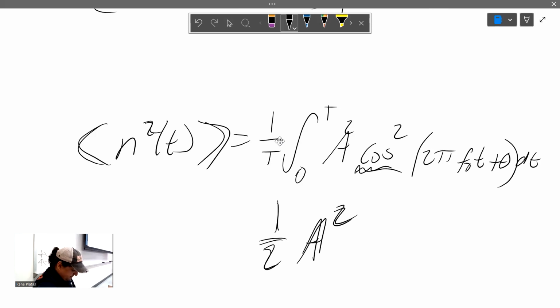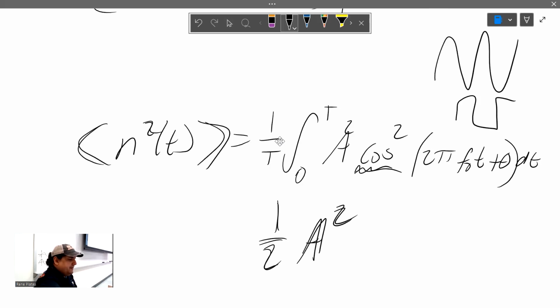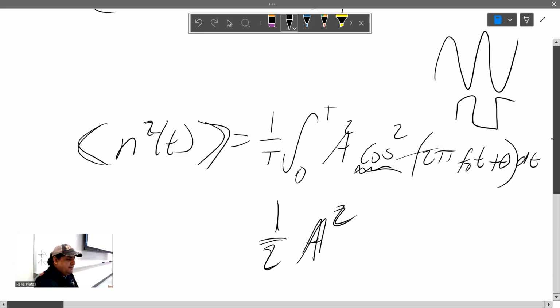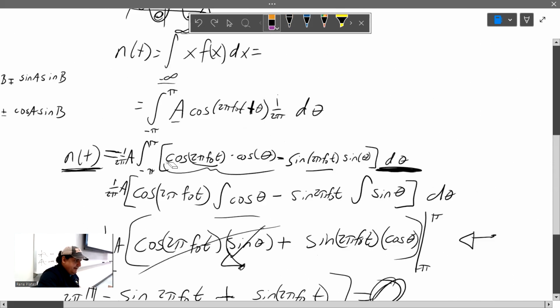If it was a triangular, it would be a third, and if it was a square, it would be a whole. So you don't have to work this out at all. All you have to remember is that the power of a sinusoidal is 1/2 the amplitude squared. That is the AC power.